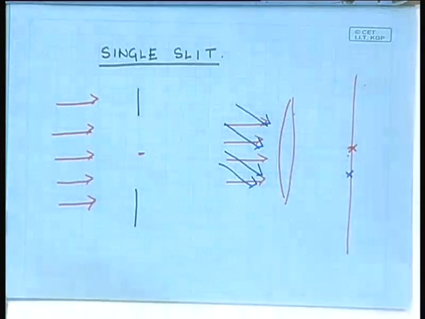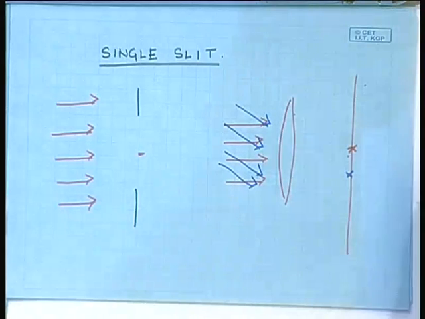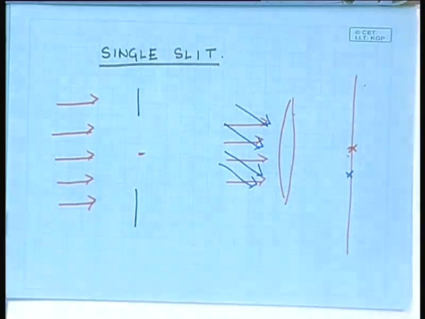So, we would like to calculate the intensity pattern on the screen placed over here. The screen could either be taken to be very far away, or you could make a lens arrangement which will focus parallel waves onto the screen. Okay. So, we would like to consider this situation.